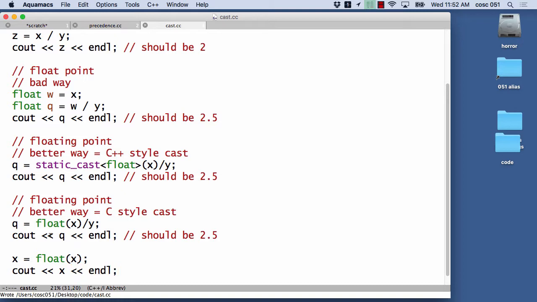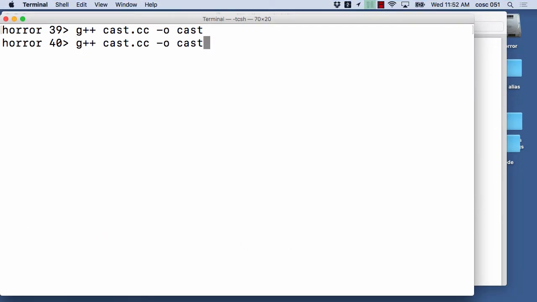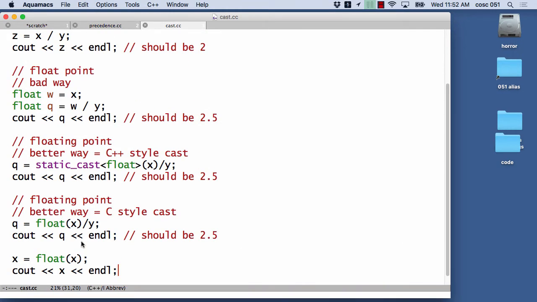What I predict is going to happen now that I've seen not barf is that it's going to just say 5, and it's not going to be a floating point. Here's what happens: it says take the value of x, turn it into a floating point value, which is 5.0, right? You might think of it that way. Stuff that 5.0 into an integer. What do you get?